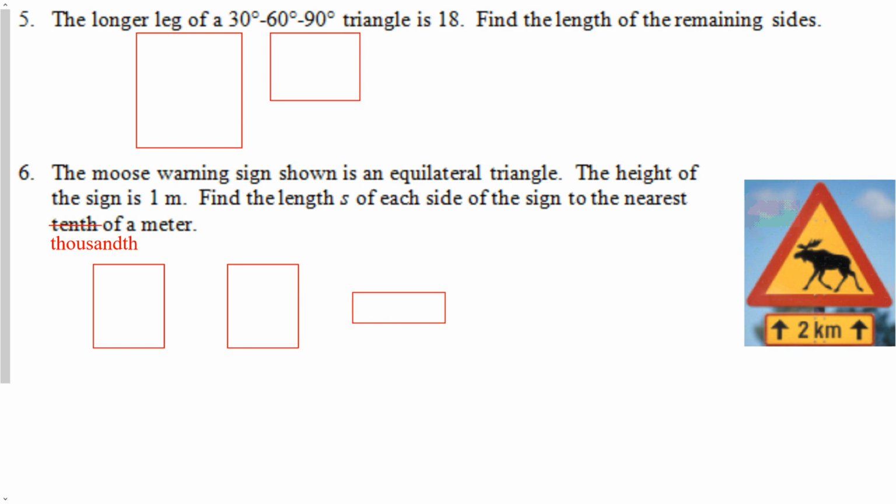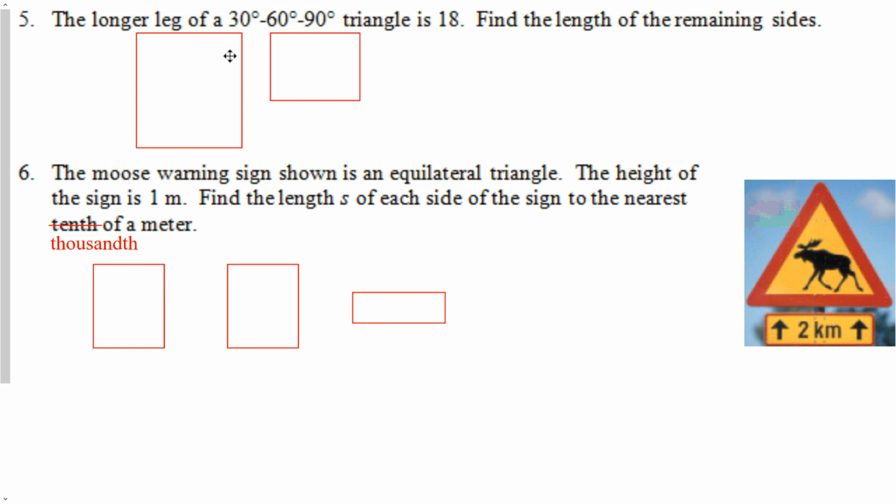Also like you to go ahead and try number 5. If we're given the long leg in number 5 of a 30, 60, 90 triangle, if you'd like to draw the picture, you definitely can. Otherwise, we have to remember, if we're given the long leg, we have to find the short leg first.